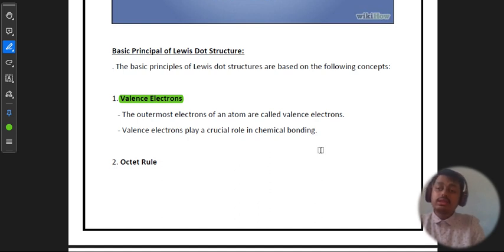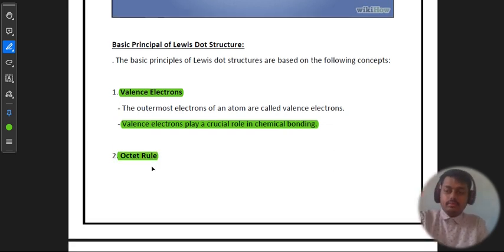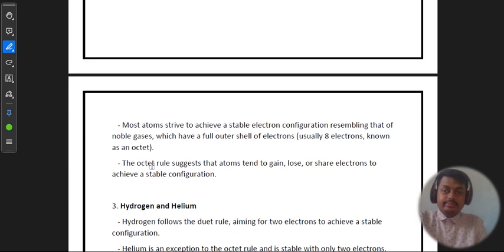So in the outermost shell there is one electron for the sodium atom, and these valence shell electrons play a crucial role in chemical bonding because these are the electrons that participate in the bonding. And the next key point about the basic principle of the Lewis dot structure is the octet rule. We will discuss it in detail now.